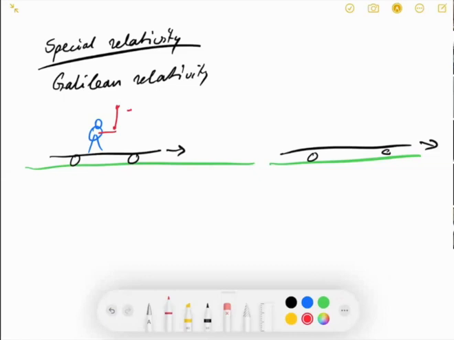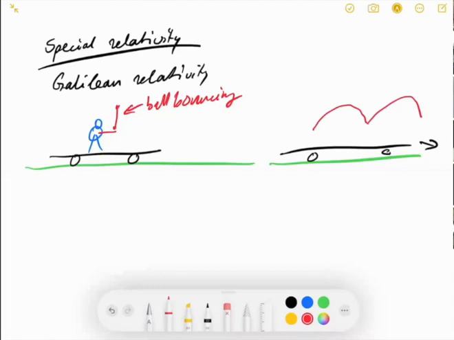So ball bouncing. And in a frame of reference where I see the ball bouncing up and down, so I'm stationary, the ball is bouncing up and down, but in a frame of reference where this thing is actually moving, I see the ball actually doing this.